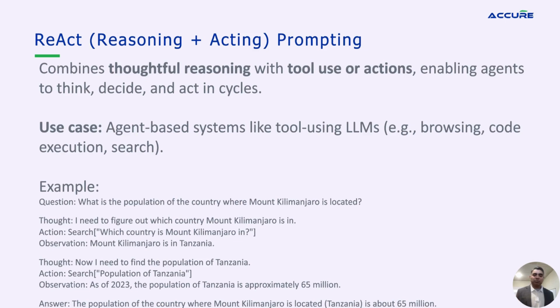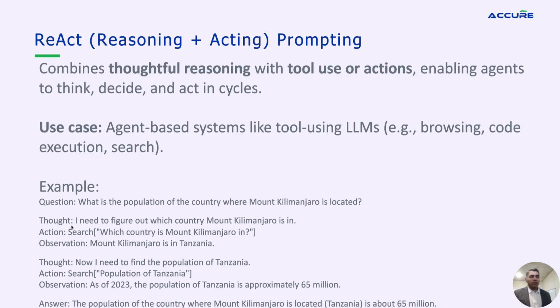So browsing could be an example of using a tool. Code execution could be an example of tools. So here is an example. The question is, what is the population of the country where Mount Kilimanjaro is located?